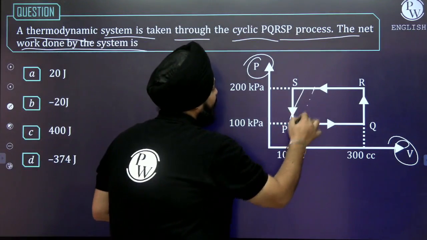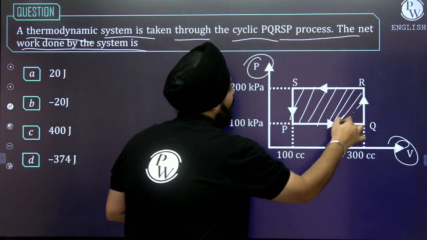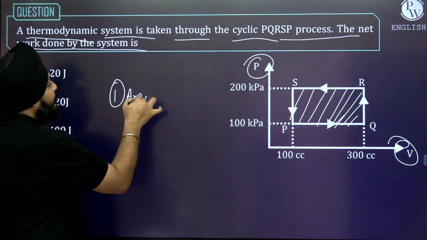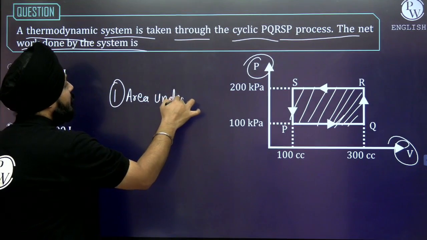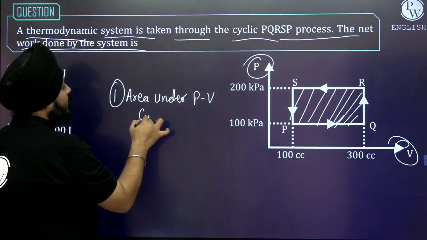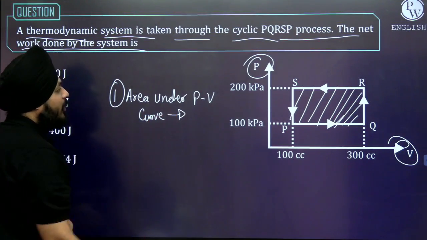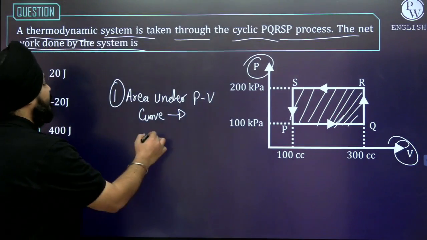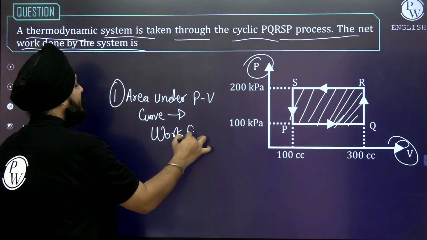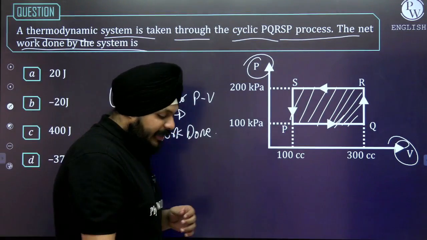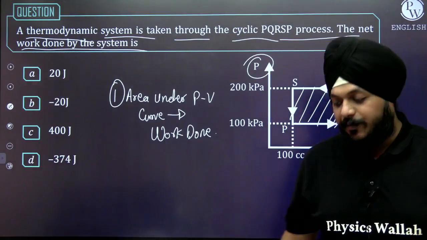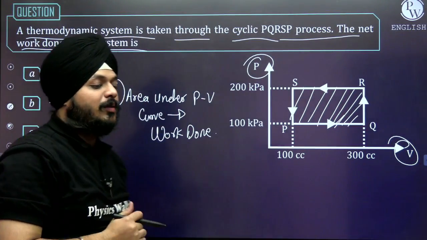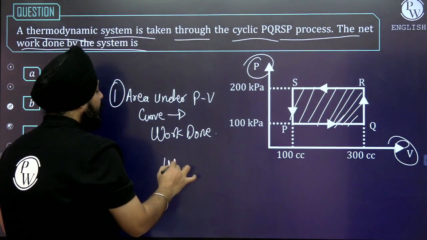Suppose this is the amount of the area the process is covering. First of all, I want to tell you all: area under the PV curve shows the work done.